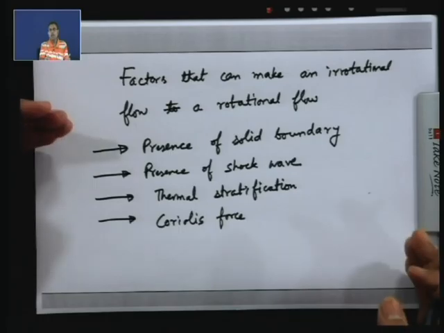If it is inviscid, an irrotational flow for many practical situations will remain irrotational forever. That kind of flow will have a velocity potential, and that is called potential flow, and Professor Ghosh Maulik will discuss in detail about potential flows in one of our later chapters.